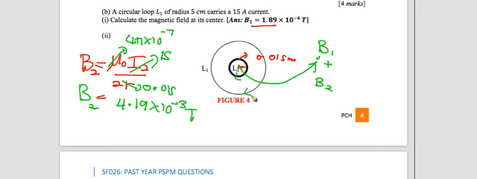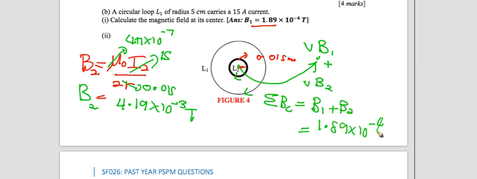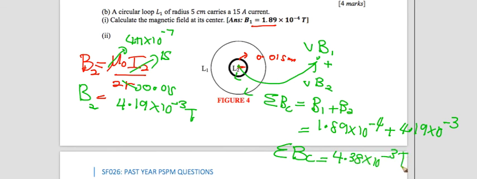At the center, the directions of B1 and B2 are the same, so you can add them. The total B at the center is B1 plus B2, where B1 from question number 1 is 1.89 times 10 to the power of minus 4 Tesla, and B2 is 4.19 times 10 to the power of minus 3. So the total B at the center is, using the calculator, 4.38 times 10 to the power of minus 3 Tesla, right?